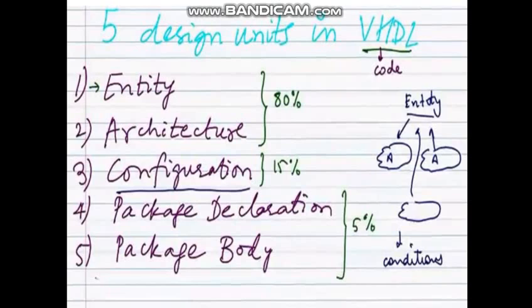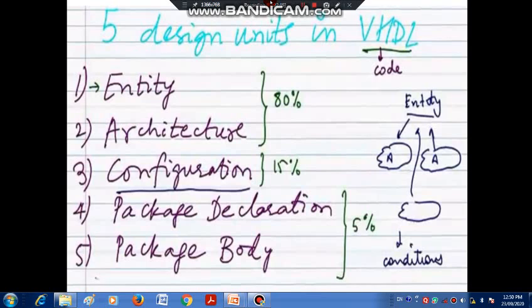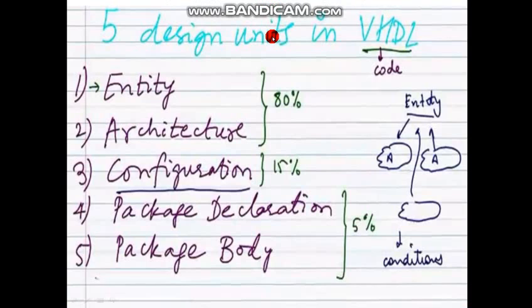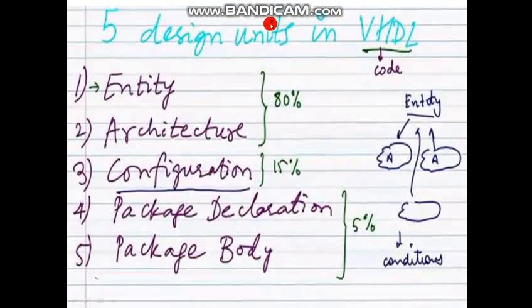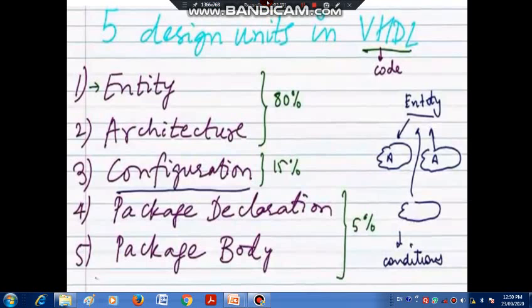In the absence of these, there is no VHDL program. So the terms that play the very important role are the architecture and the entity.